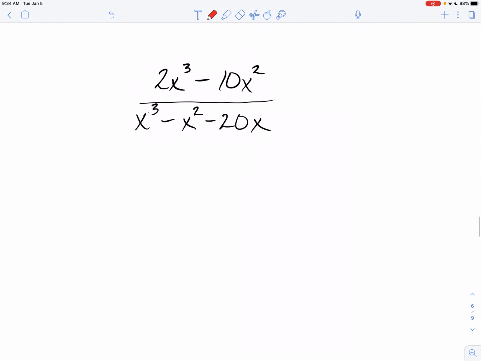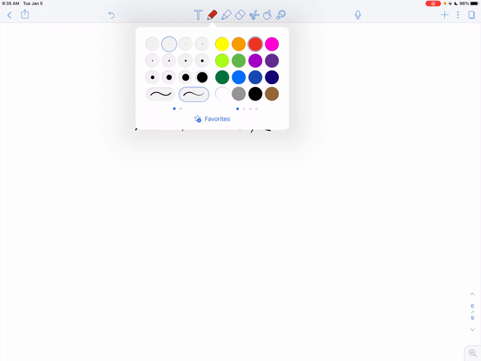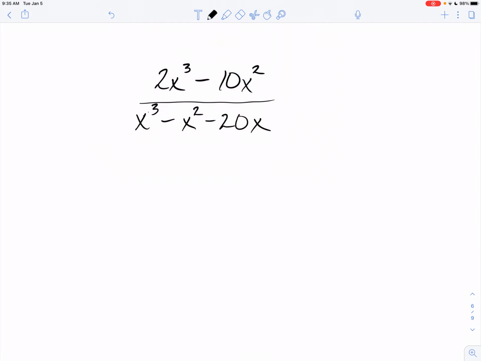I see juicy GCF-ness, but I wanted to make one like this so you don't blow it. Just because you see third power in a problem does not mean you're looking at the cube formula. Remember, the first thing you should take a look at when you're factoring is, can I take out GCFs?